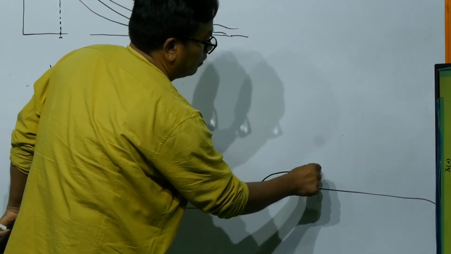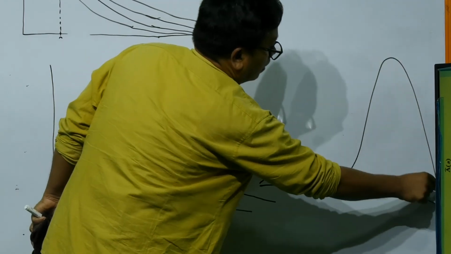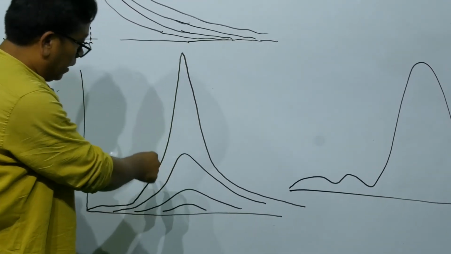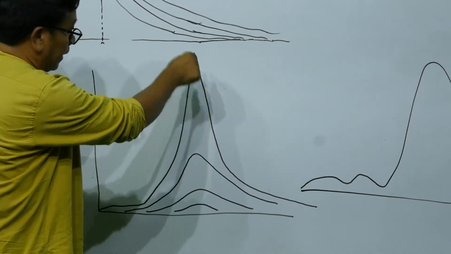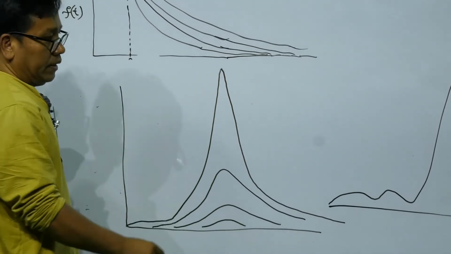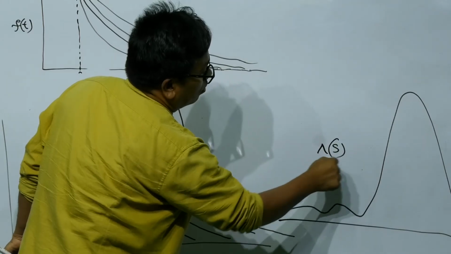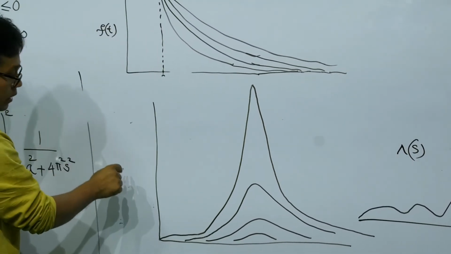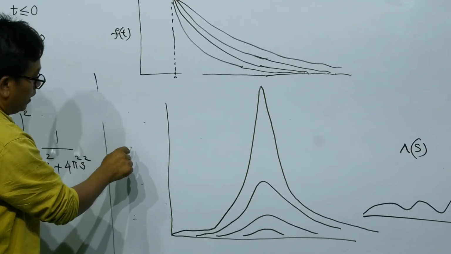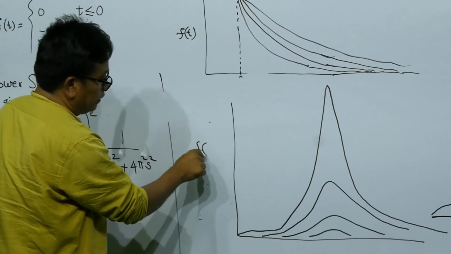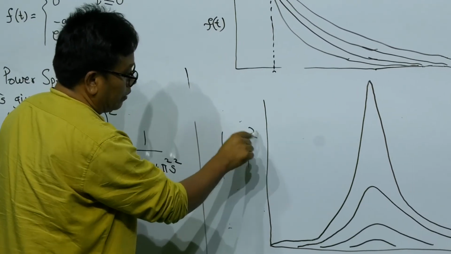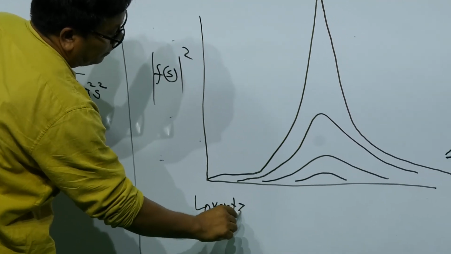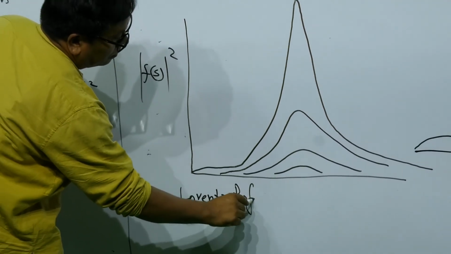The main peak looks like the Gaussian, but it is not so. This is the Fourier transform of the decay function, the so-called power spectrum, f of s whole square, and this is the Lorentz profile.